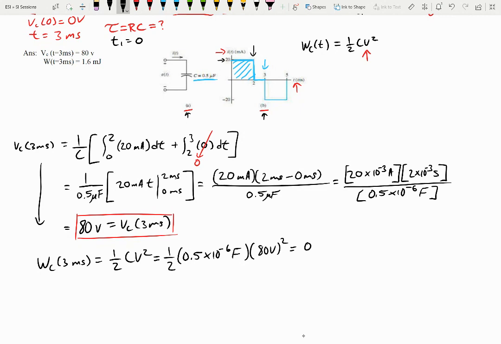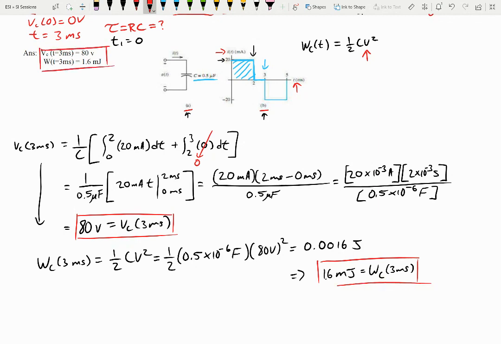We're going to get 0.0016 joules, which is equal to 1.6 microjoules, energy at 3 milliseconds. And looking at our values, we are getting the same thing.